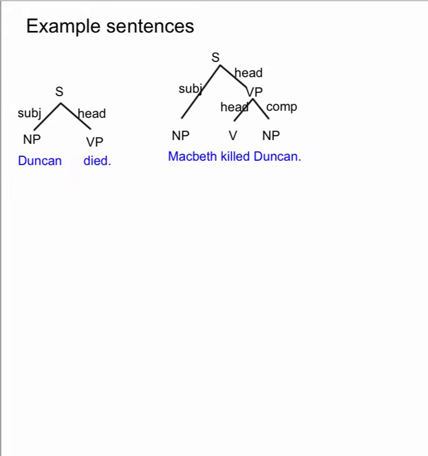In this video, we will look at these two sentences: Duncan died and Macbeth killed Duncan. These sentences contain proper nouns and simple verbs, so a transitive verb and an intransitive verb. On this slide, you see the basic syntactic analysis as it is explained in other videos on this website.